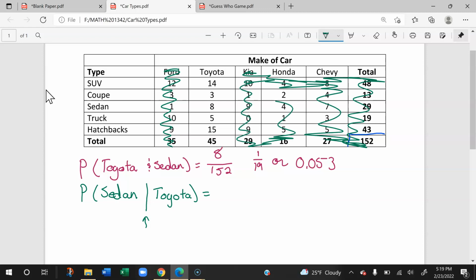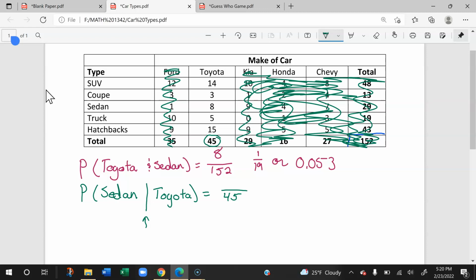I only have 45 cars to select from, so that now becomes my denominator. I don't care about all these others.